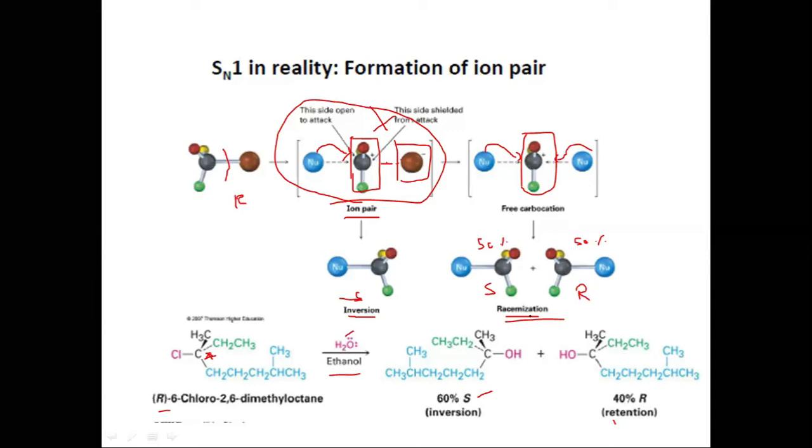After that, you will get 40% of S and R. The remaining 20% will be formed during the ion pair stage. Is it clear? So it will generate 20 plus 40.